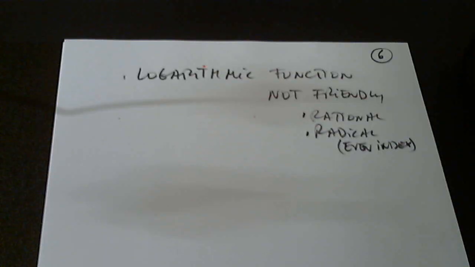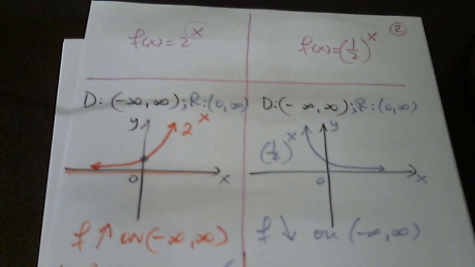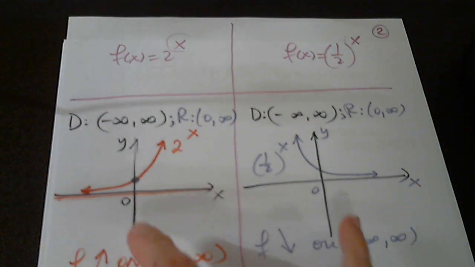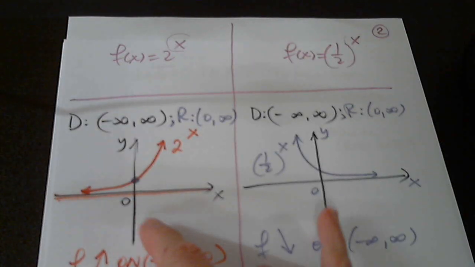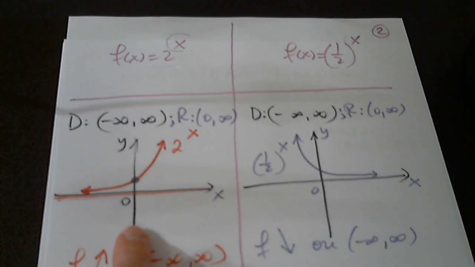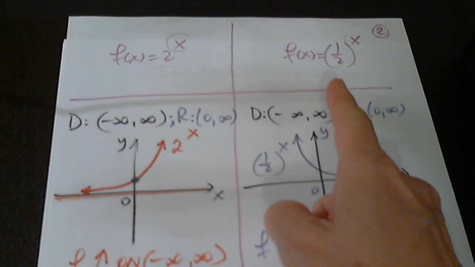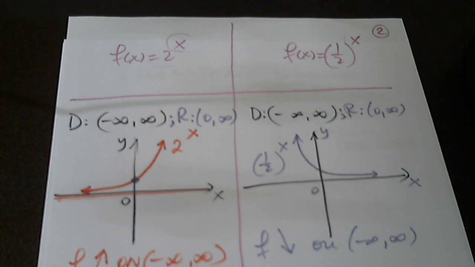And of course, because we have two shapes for the exponential function, we will have two shapes for the logarithmic function. One for the base greater than 1, and a different one for the base less than 1, between 0 and 1.